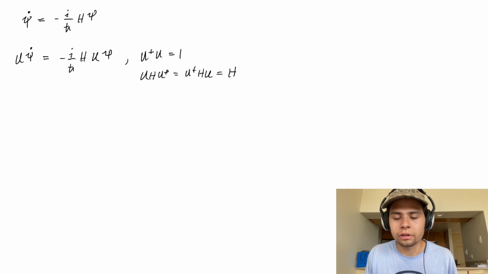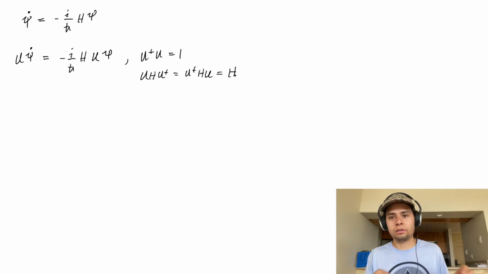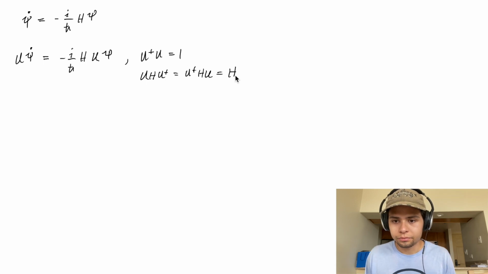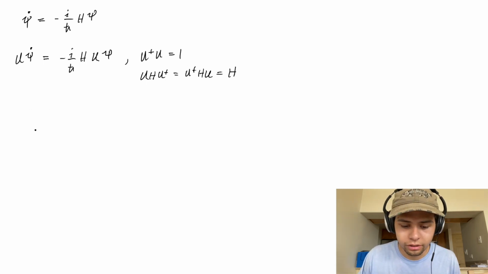There's a difference between Hamiltonian and Hermitian. If we multiply these two together, and then we multiply it by this, we just get H in return. Similarly, if we did it in this order, we just get H in return after that. So this is unitary in that sense. And so this is going to help us prove something.